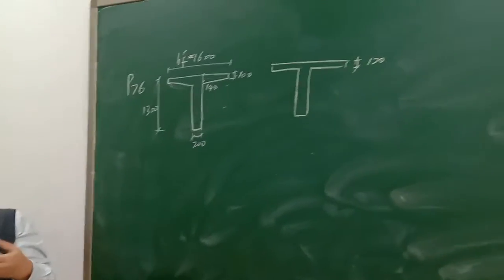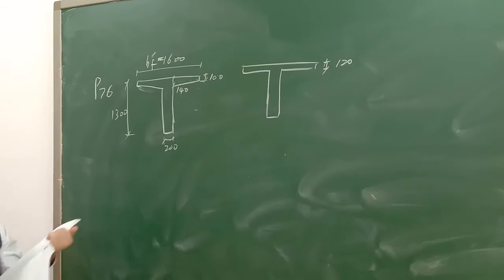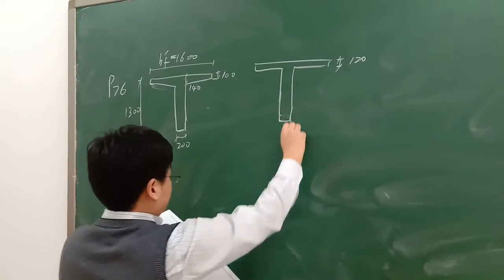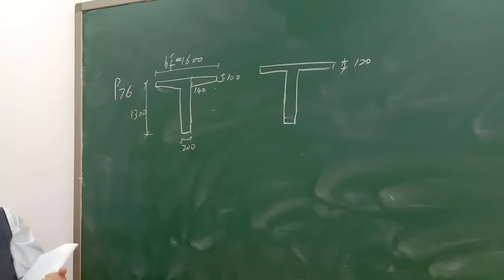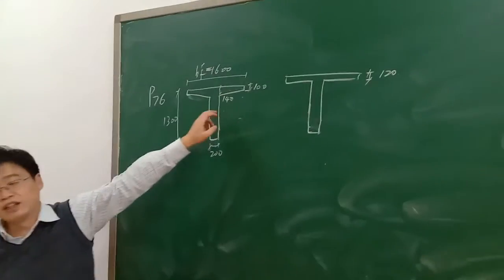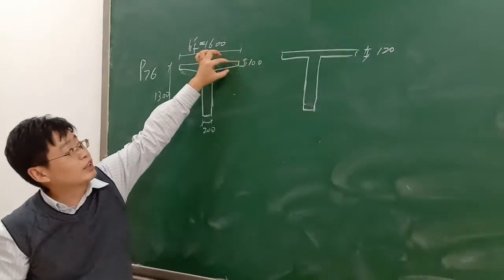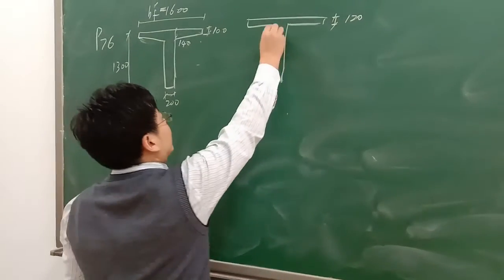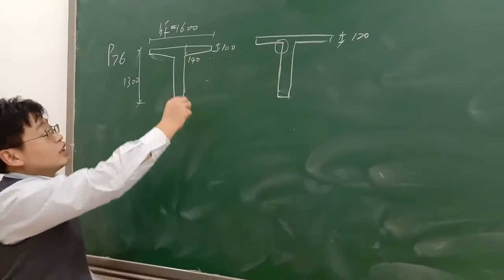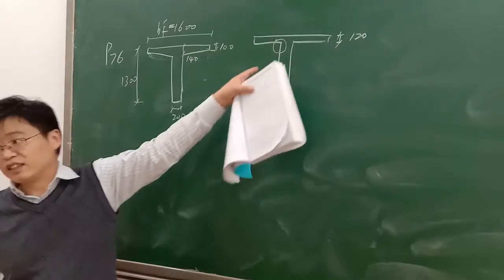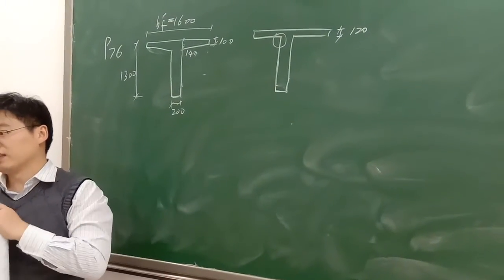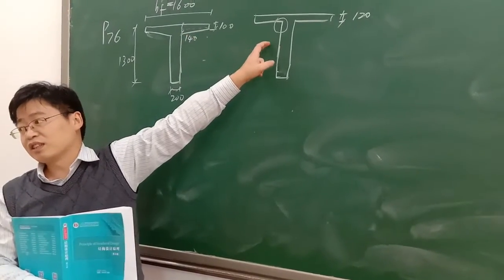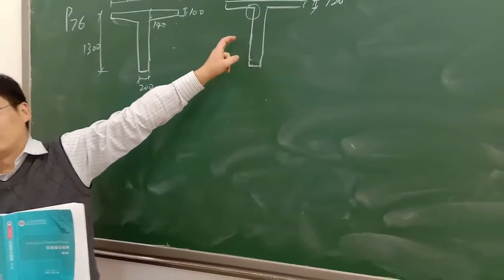That's why in your book, the second graph uses a thickness of 120. The real T-shape is like this, the thickness directly changed. Why in the real situation is it like this, not the same thickness? Why do we use this shape?